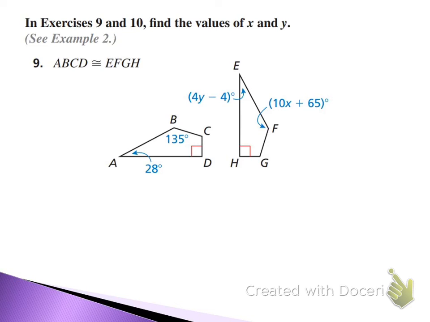They don't add to 180. They have 4 sides. So figure out what's congruent, y'all. One of them is wrong. I think X is wrong. You're correct. Go ahead and start.